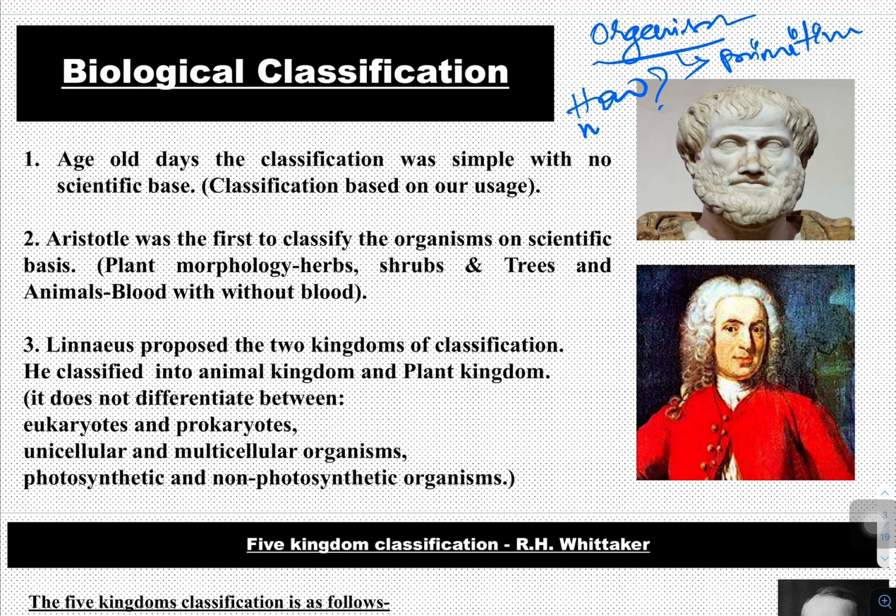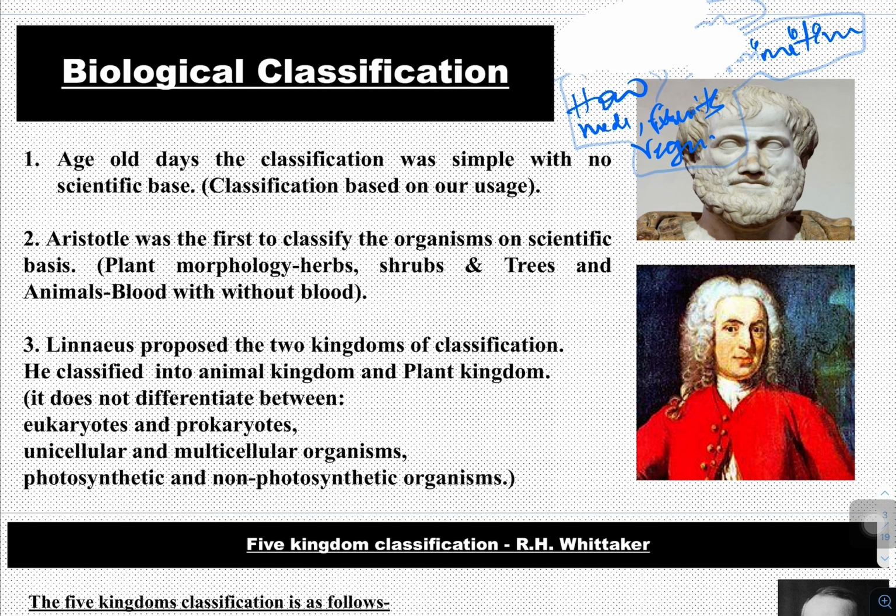Some are used as medicines, some as fruits, some as vegetables. So the first classification was based on these very basic characters, how the plants or animals are useful for human needs. On that basis the organisms were classified, but there was no scientific base for this.